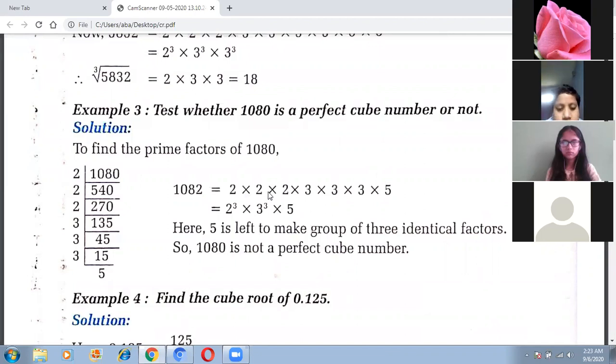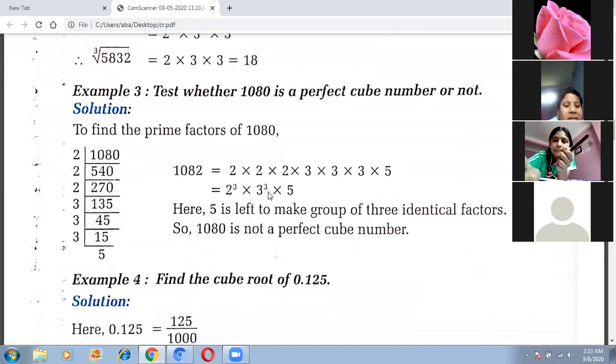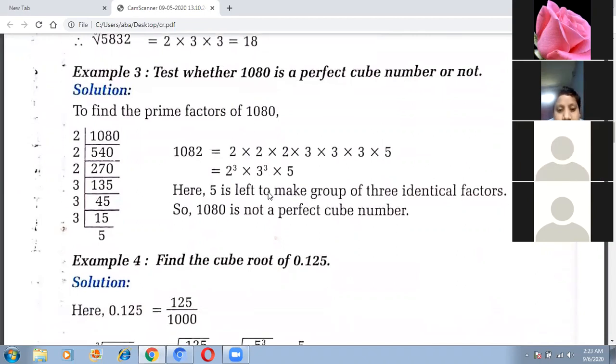You can test whether a given number is a perfect cube number like this. First find the prime factors of the given number and group the 3 identical numbers. If 3 identical numbers are in each group, then the given number is a perfect cube number. If not, then it is not a perfect cube number.